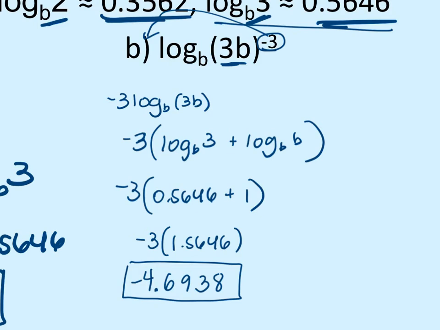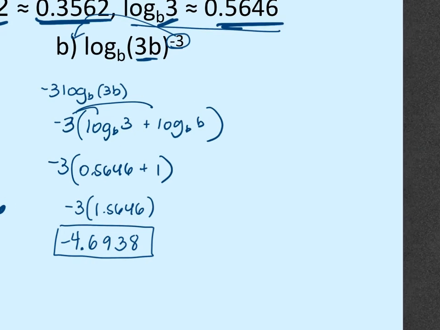At this point, I'm not very confident in my math skills. I think that's right. So you would have gotten the same thing had you distributed this and rewritten it as negative 3 log base b of 3 plus negative 3 times log base b of b. And then I would have multiplied this out. And this would be 1, and this would be minus 3. So you'd get the same answer either way. And these properties can be applied in all different orders.